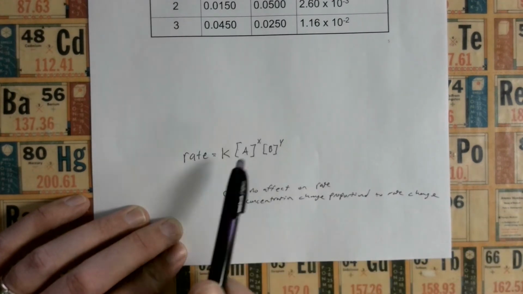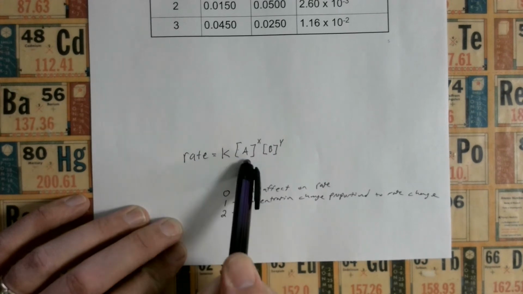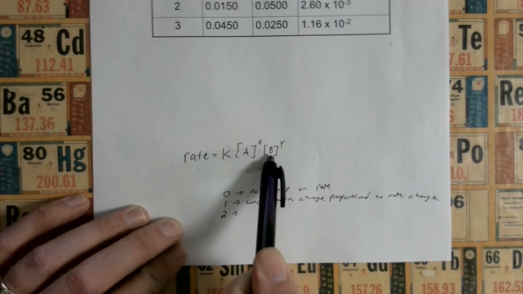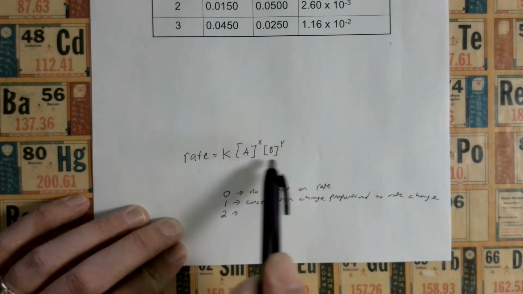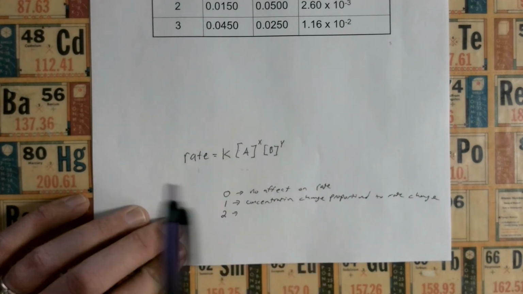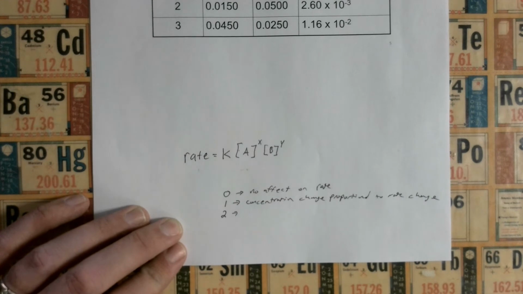So if I double the concentration of A, the rate will double. If I double the concentration of B, the rate will double. If I triple it, the rate will triple, and so on, if those are first order reactants.